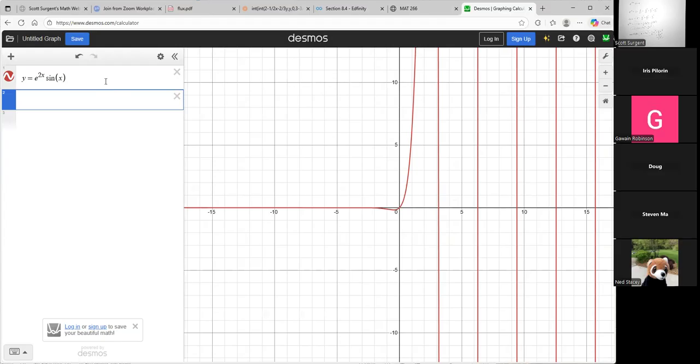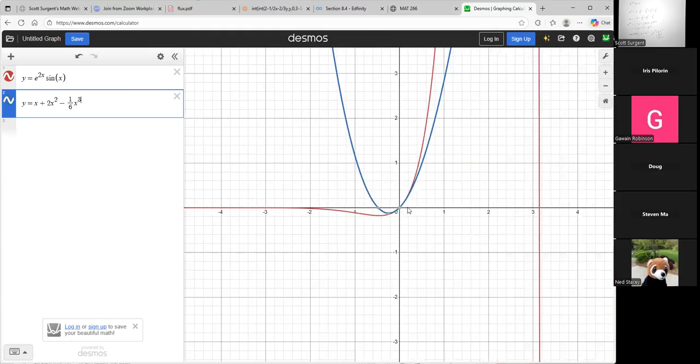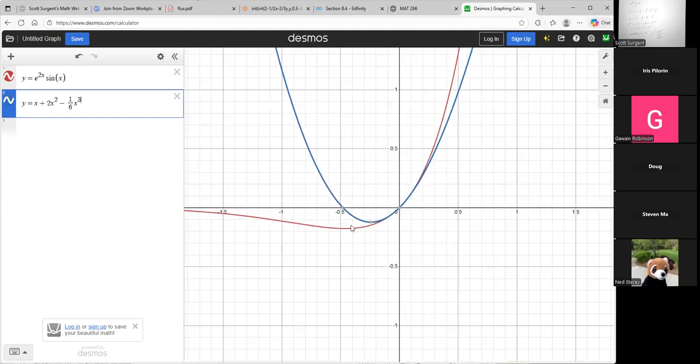So here I've graphed y equals e to the 2x sine x, and you can see it's crazy. Now I'm going to graph y equals, and our function came out to x plus 2x squared, take away 1/6 x cubed. And if I zoom in, especially around 0, yeah, that's pretty good. You see how it's conforming there?